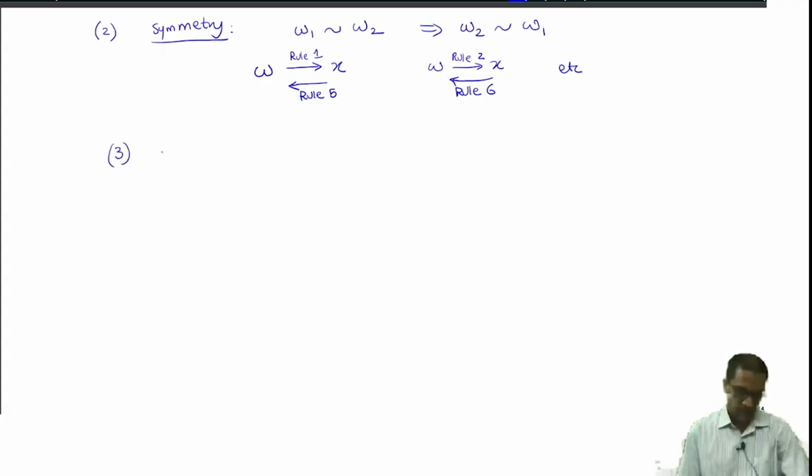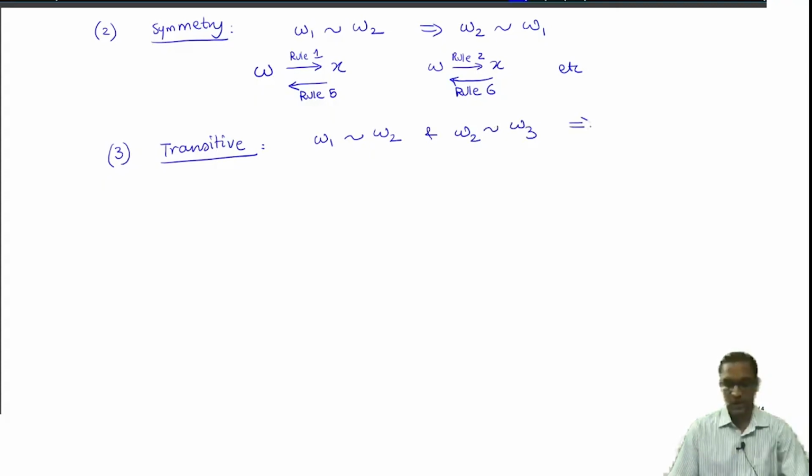And the third property, transitivity, is again as easy to check. If I have a chain of rewriting rules which connects W1 to W2, and a chain of rewriting rules connecting W2 to W3, all I have to do is apply the first set of rules, follow it up by the next set of rules, and using that rewriting, I can start with W1 and find a chain which takes me all the way to W3.